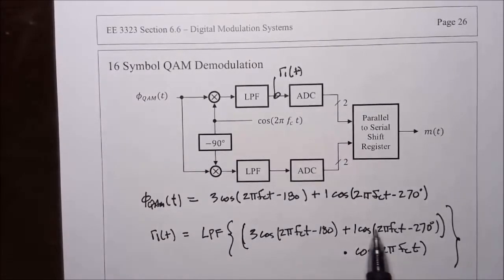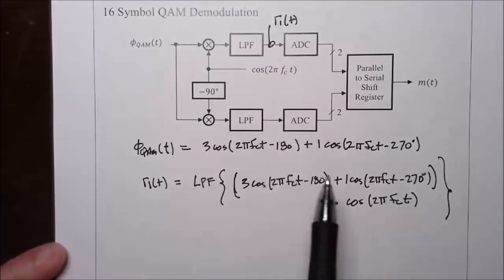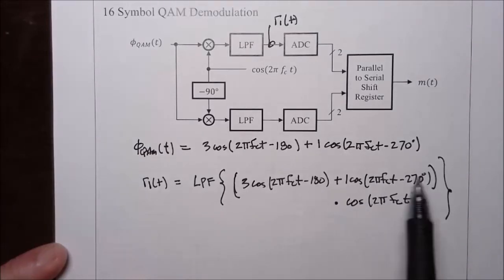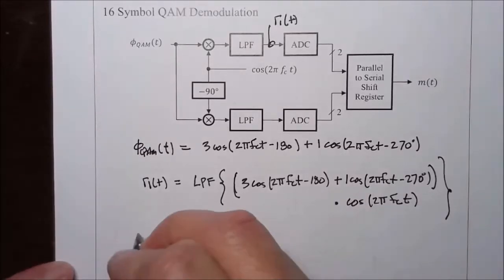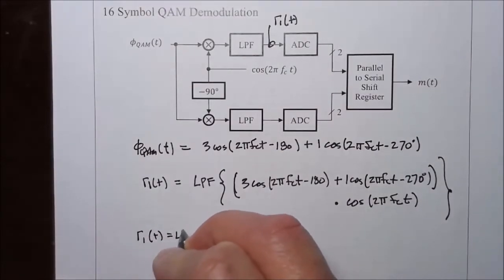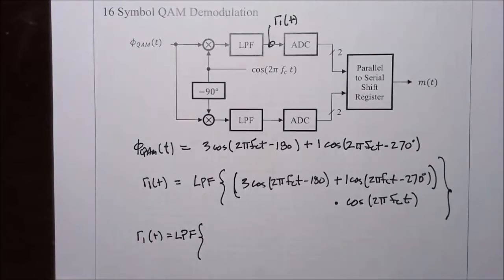Okay, so this sum of these two cosines multiplies this cosine, then we low pass filter. That makes R1 of t equal to the low pass filtered version of cosine times cosine. Let me apply the trig identity.